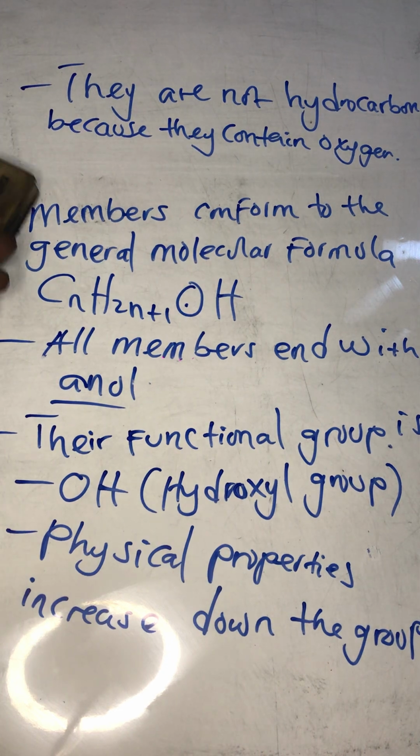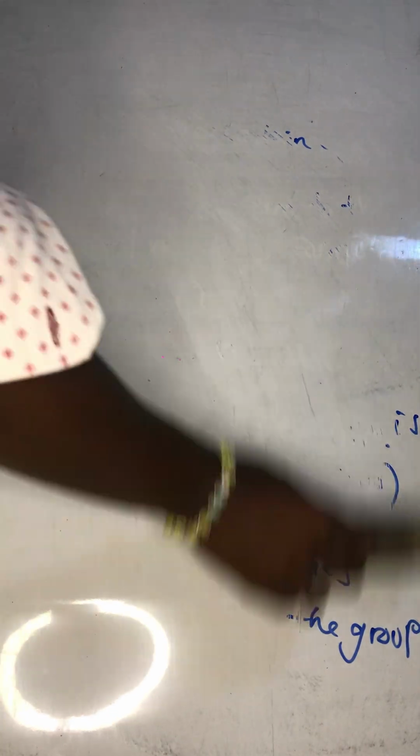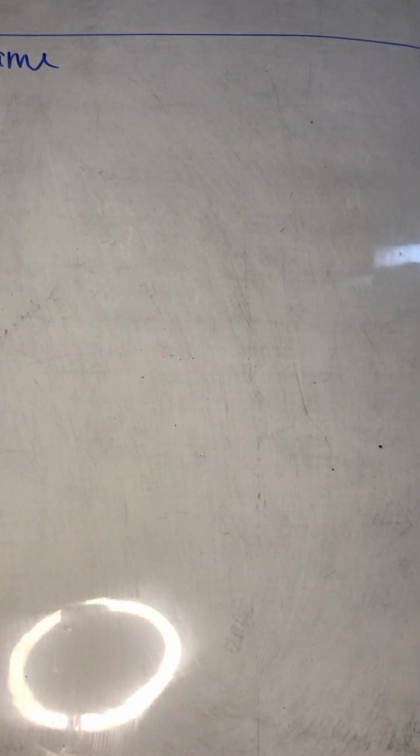So let's look at an example together. Actually, we are going to draw a table to make our work easier. In the first column, we'll have the name of the compound.